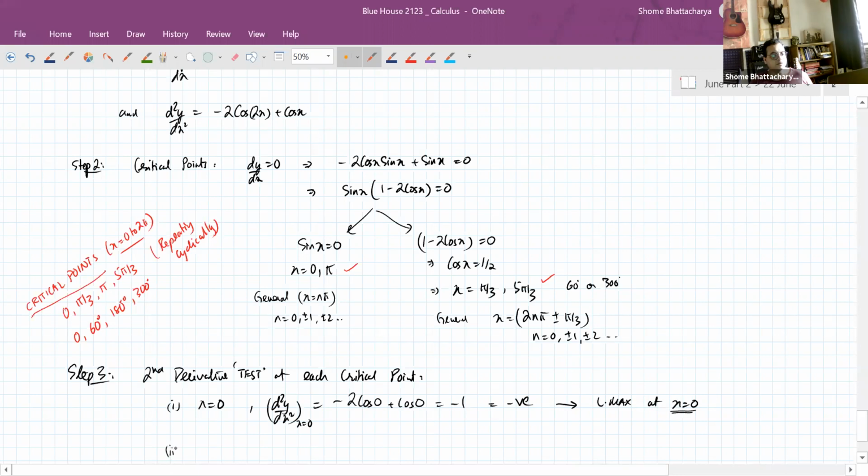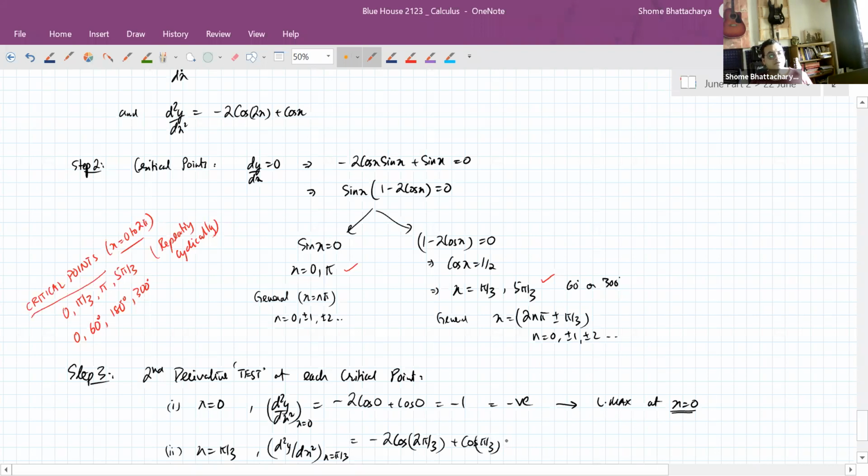Then the second point we'll check is pi by 3 or 60 degrees. So the second derivative's value will become minus 2 cos 2 pi by 3, because it's 2x, plus cos pi by 3.